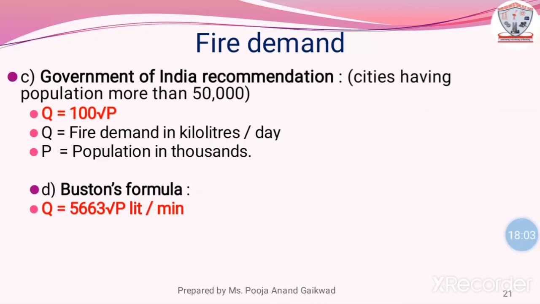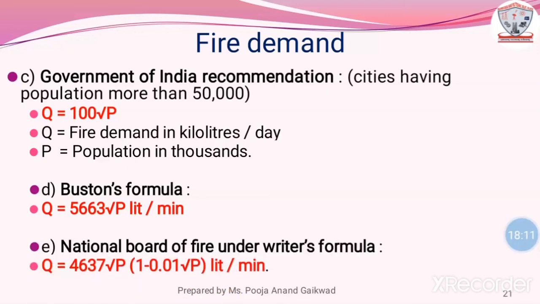Buston's formula, Q is equal to 5663 under root P liters per minute. National Board of Fire Underwriters formula, Q is equal to 4637 under root P into (1 minus 0.01 under root P) in liters per minute.